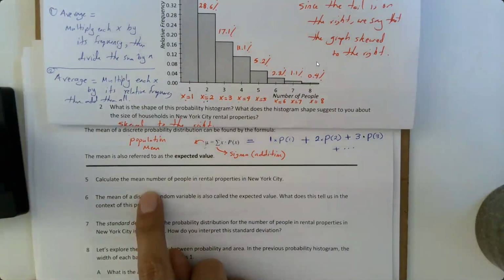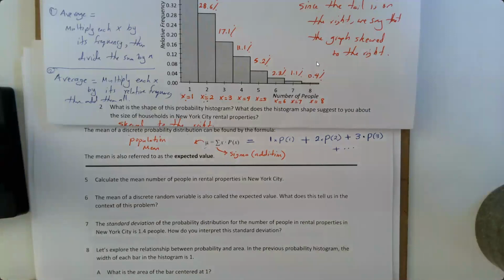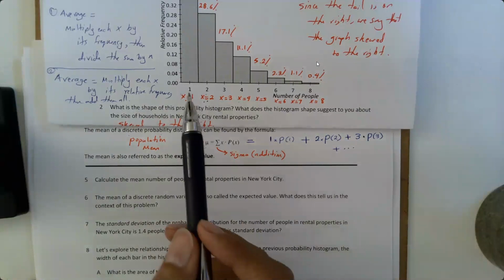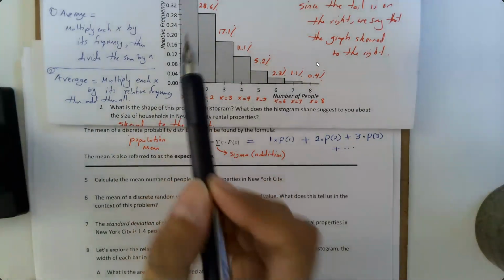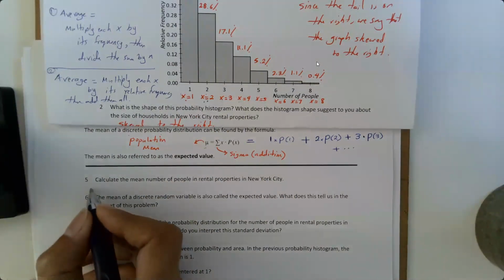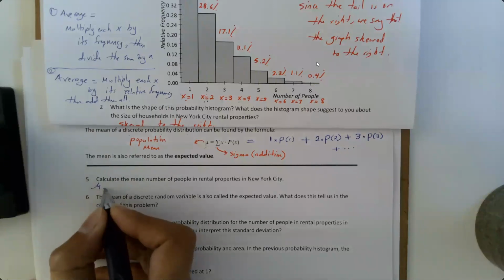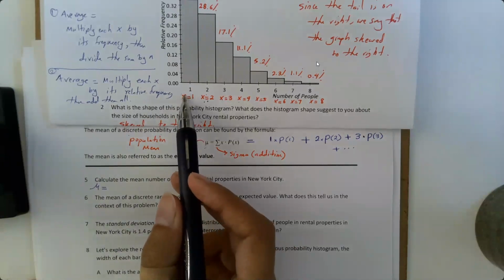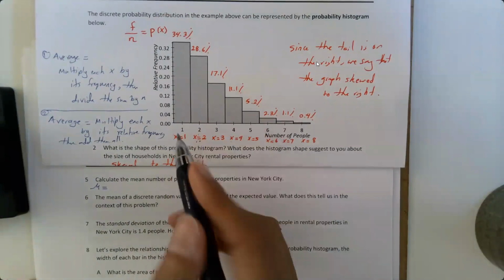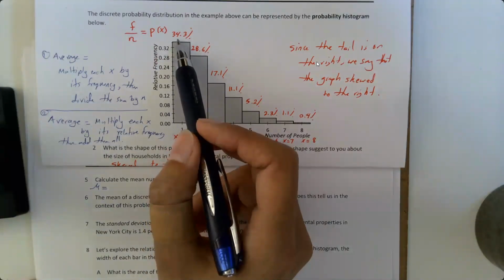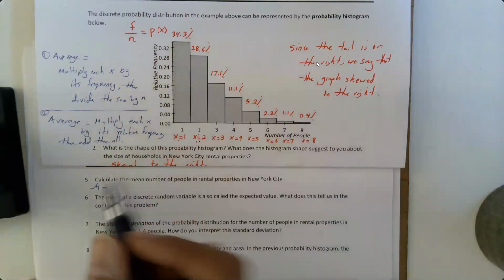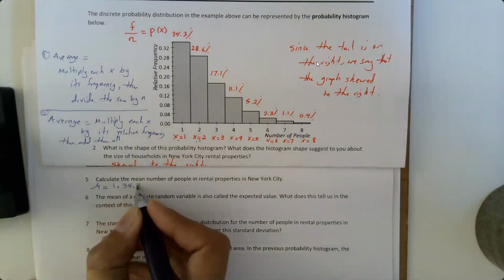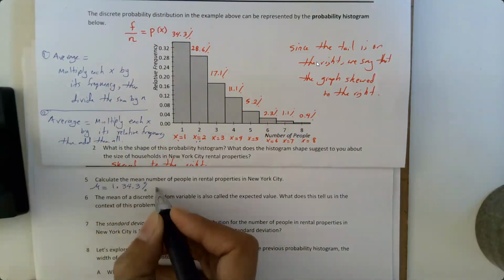To find the mean, what are we going to do? We're going to take each x value and multiply it by its probability. So you write mean, mu, is equal to the very first X value, which is 1, times its probability, 34.3%, plus.